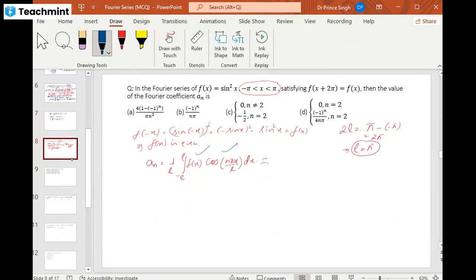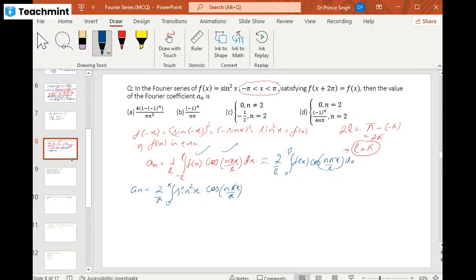The formula of an will be 2 upon L, integral 0 to L, f of x into cos of n pi x upon L dx. But what is L? L is pi. So what is the formula of an? An is equal to 2 upon pi, integral 0 to pi, sine square x, this is your f of x, and this is cos of n pi x upon pi.